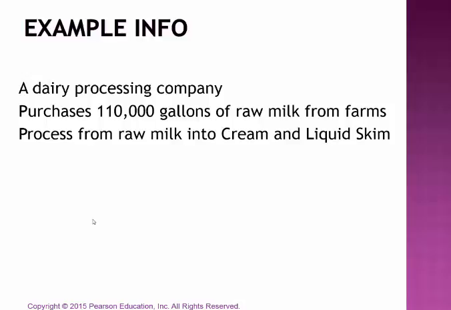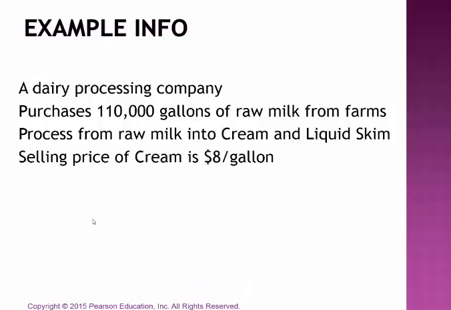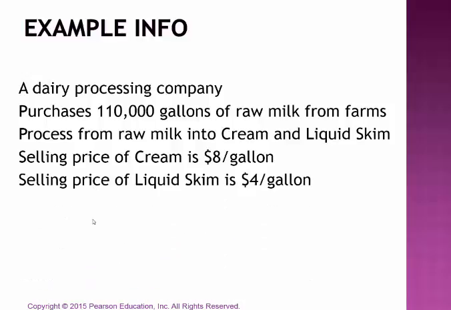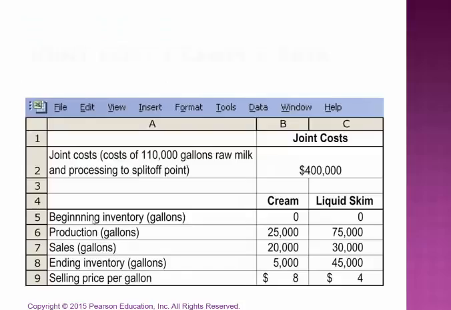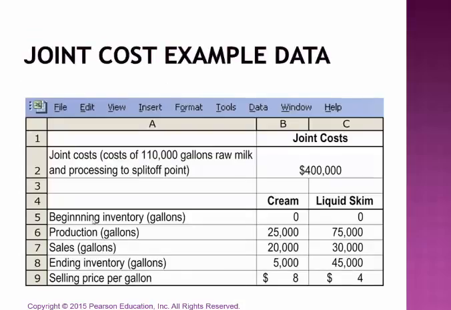And of course, based on what we're going to do on this first one, we are going to calculate what the sales value is for the cream and for liquid skim and use that to help us come up with an allocation of our joint cost. When we finally sell the cream, we're going to sell it for $8 a gallon, and when we sell the liquid skim, we're going to sell it for $4 a gallon. You can take a look at this information right here and then pick up on the next video.